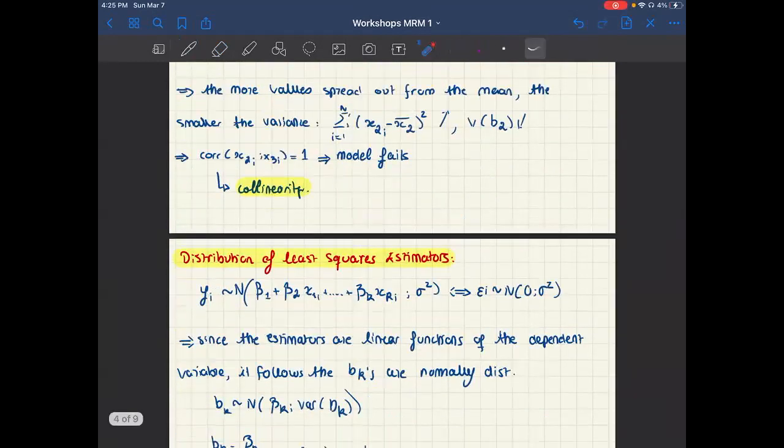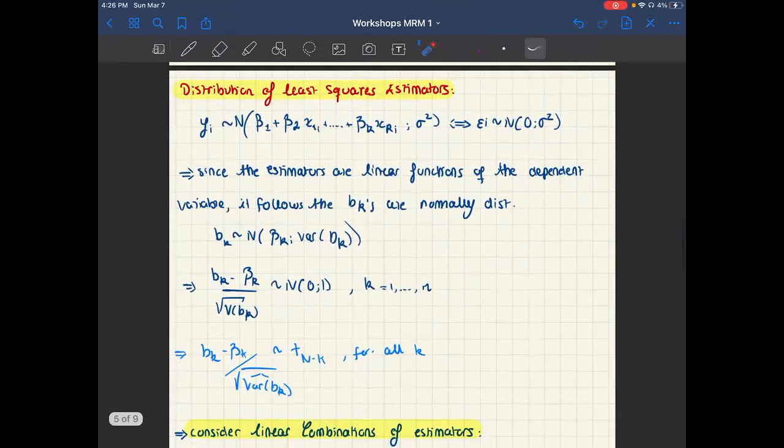And as I pointed out right here, collinearity, that's what happens when your independent variables are correlated. That's the issue that arises. All right, so distribution of the least squares estimates, that's what I was talking about before.